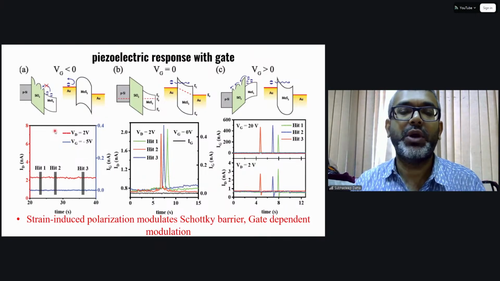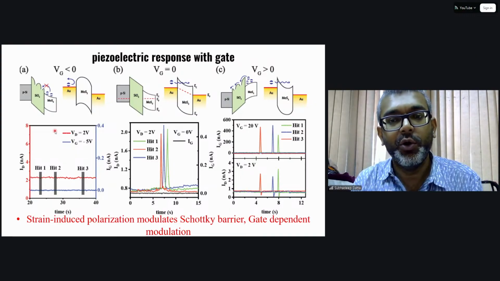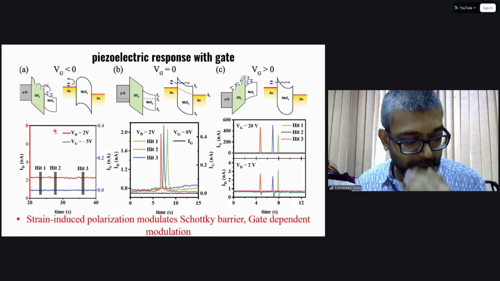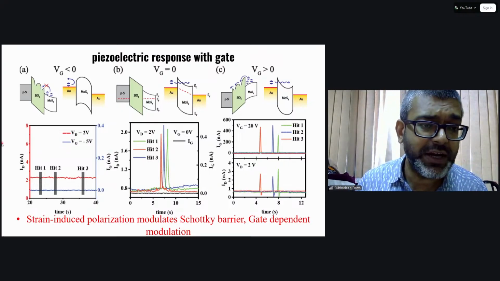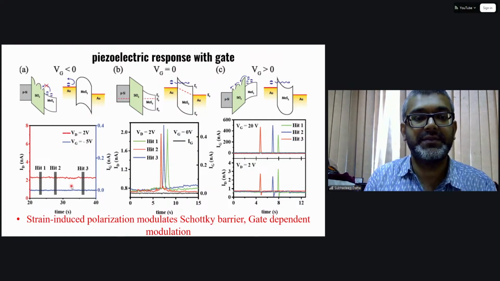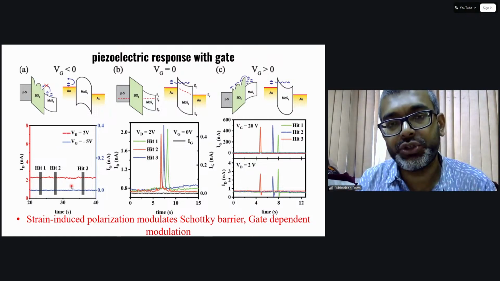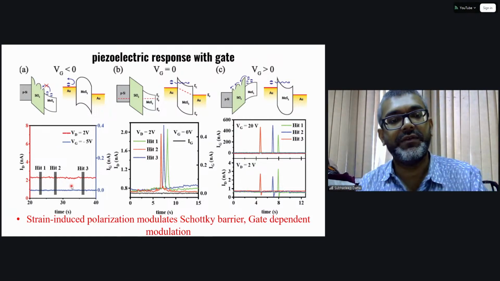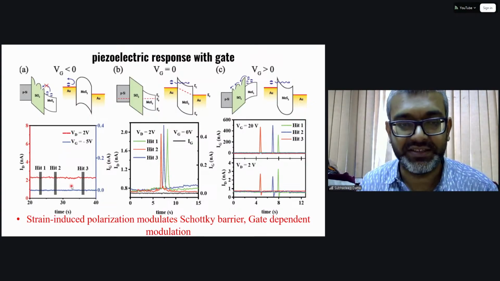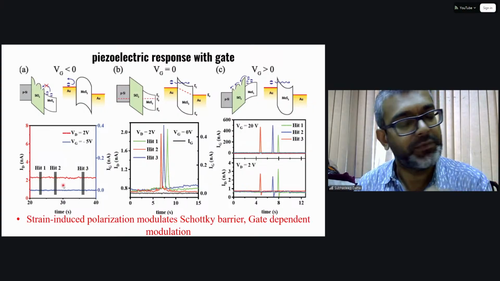And then you can tune the gate to see whether it is completely tunable with gate, because the sensitivity depends on the gate. Why? Because whenever you see the off state, when the gate is negative voltage, because MoS2 is an N-type circuit, whenever you have a negative gate, it's in off state. So you will have no sensitivity, because you cannot get the peak from the ultrasound.